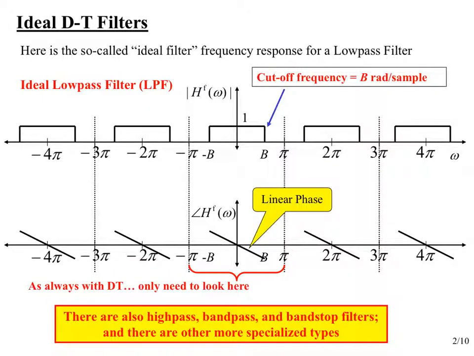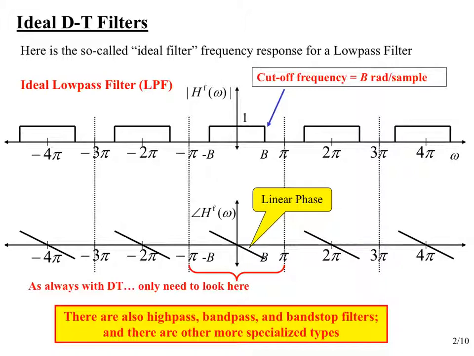So just revisiting this diagram, which we have seen before, and just pointing out why we can't really have an ideal filter. Discrete time gives us a lot of advantages for designing filters that are unachievable by analog methods, but they still can't work miracles.